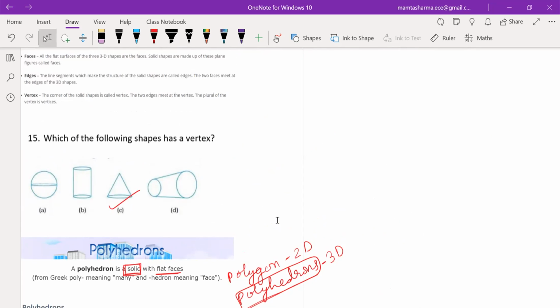I'm just telling the definition and the formula, and we'll try to solve more questions, since most of you have exams next month. Yes, this is the revision.